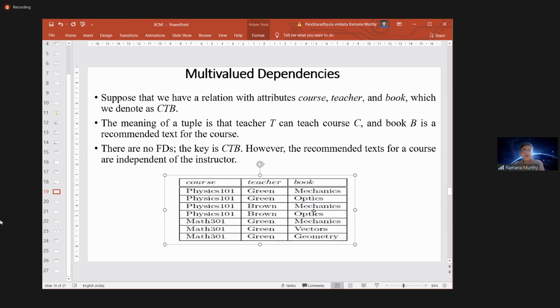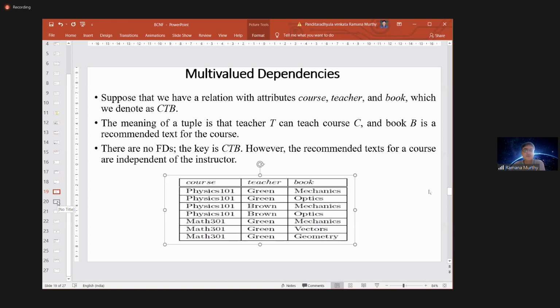If for a single x you have a single value y, we can call it a functional dependency. But here for a single value, we have multiple y values. For a single course we have multiple teachers, and for a single course we have multiple books. Such dependencies are called multi-valued dependencies.